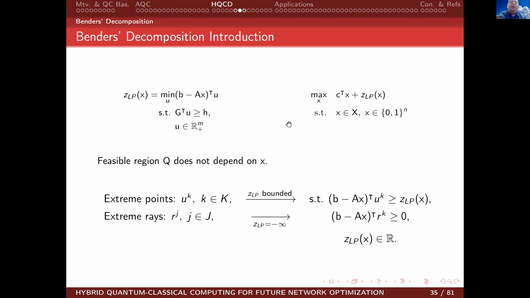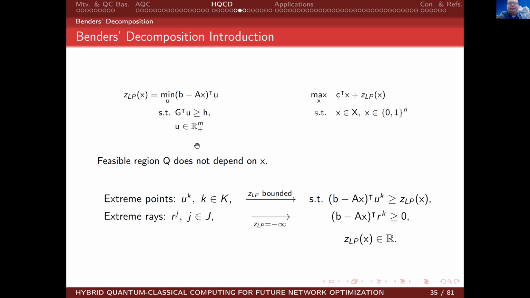In order to obtain the extreme rays and extreme points, one way is to solve the dual problem of the subproblem. Here u represents the dual decision variables.